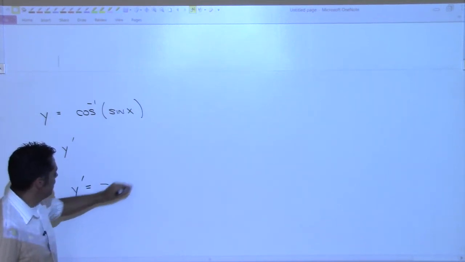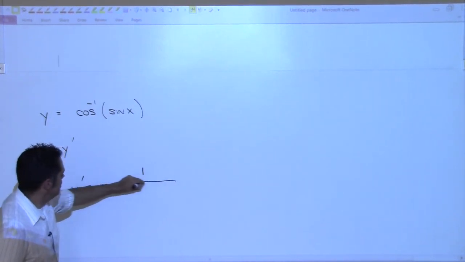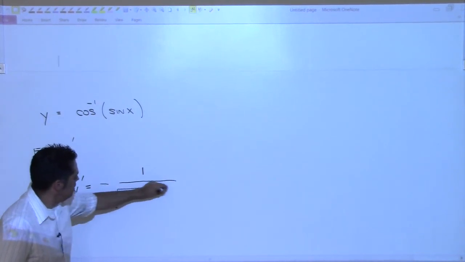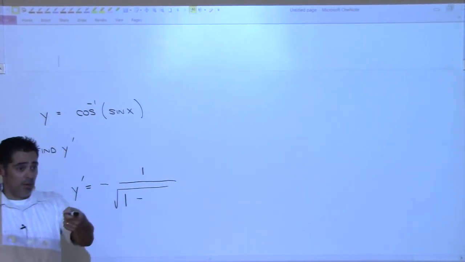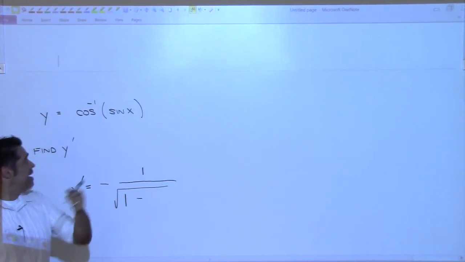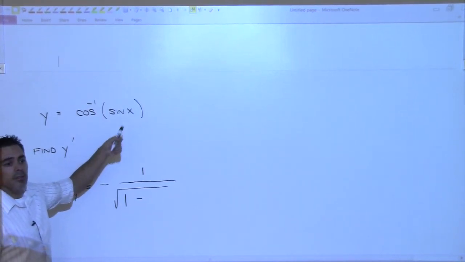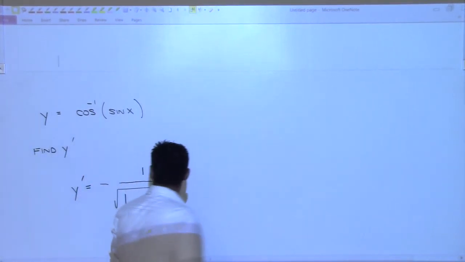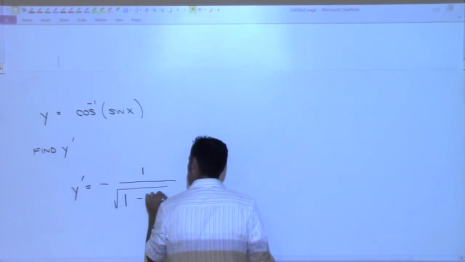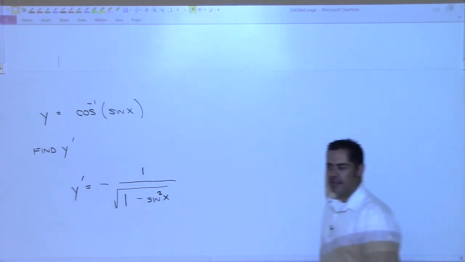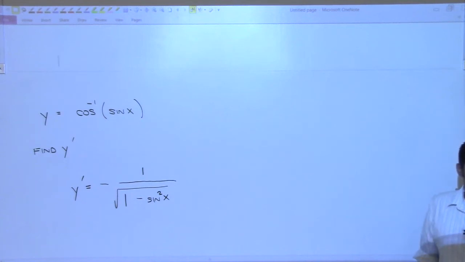Negative 1 over the square root of 1 minus x squared, right, in the formula, but do we have x in here? Sine x squared. So check that out, sine x squared. Do y'all see that? Because it's not x inside, it's sine x inside.